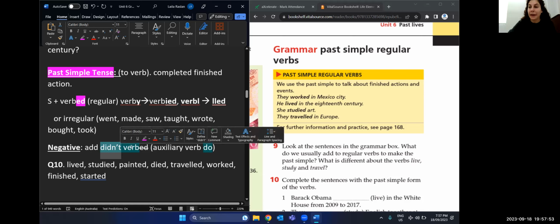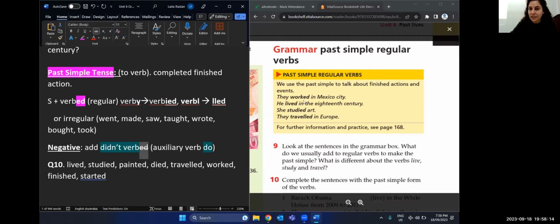We don't need to change the main verb. So it's very important that you say, I didn't see my friend yesterday, not I didn't saw my friend yesterday, or I didn't speak to my friend. No, you say I didn't speak. So you do not add an ed.